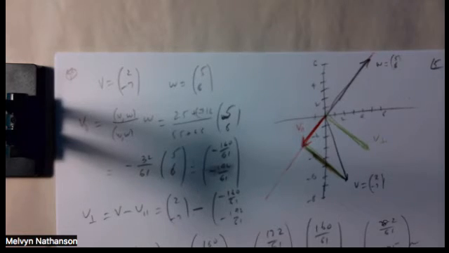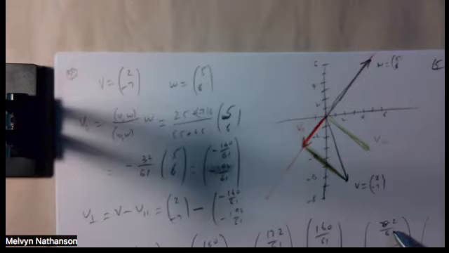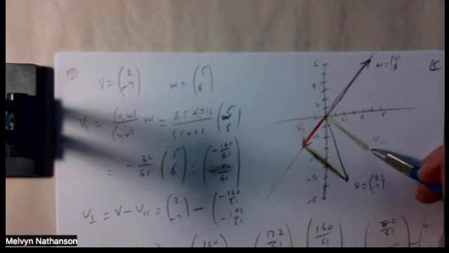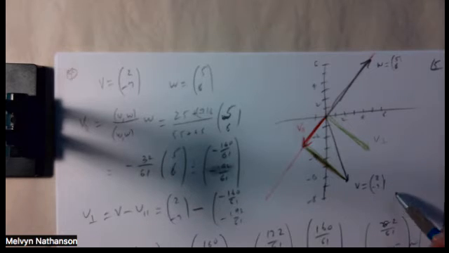Roughly, just so we can estimate, this is roughly 4.5, and this is between 4 and 5. So let's just say roughly 4.5. And if you look at this, that's exactly what this looks like. These are exactly the coordinates of this vector.